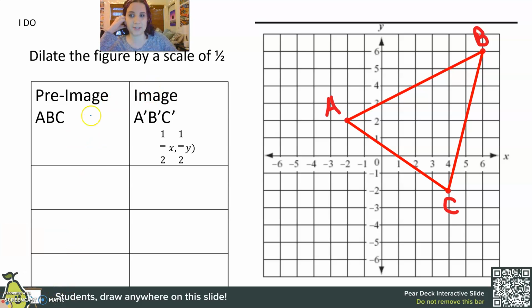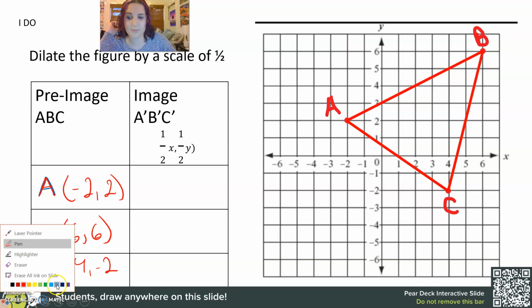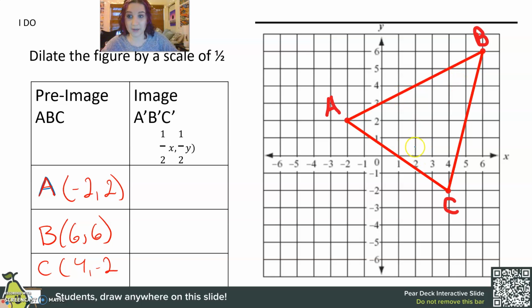The first thing I'm going to do is name the pre-image coordinates for A, B, and C. A is at -2, 2. B is at 6, 6. And C is at 4, -2.